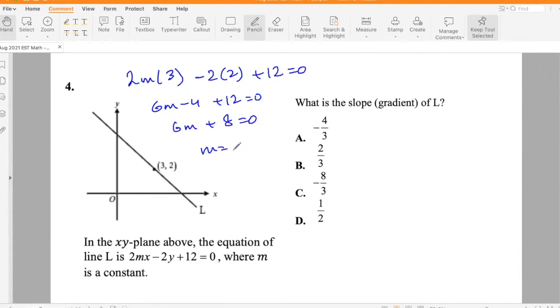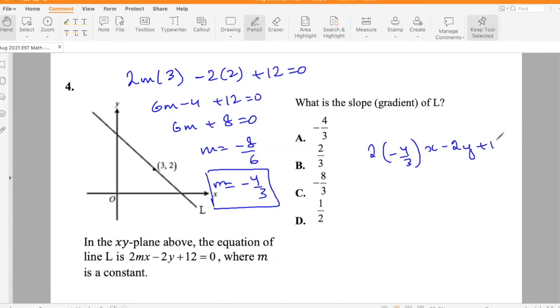So m is minus 8 by 6. So that is minus 4 by 3. Right? So then the equation becomes 2 times minus 4 by 3 x minus 2y plus 12 is 0. So that is minus 8 by 3 x minus 2y plus 12 is 0.